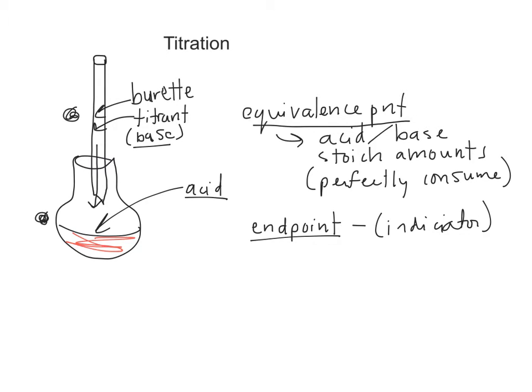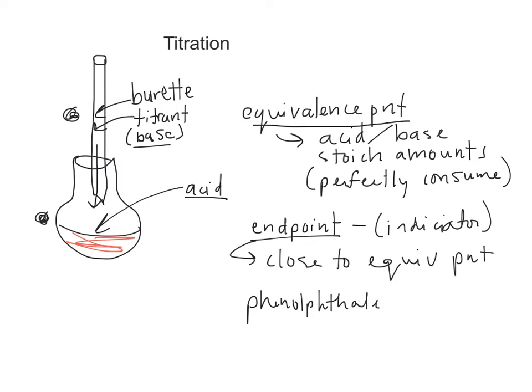To see when you've hit the equivalence point, you need an indicator that has an endpoint close to the equivalence point. The indicator that we used last year was phenolphthalein.